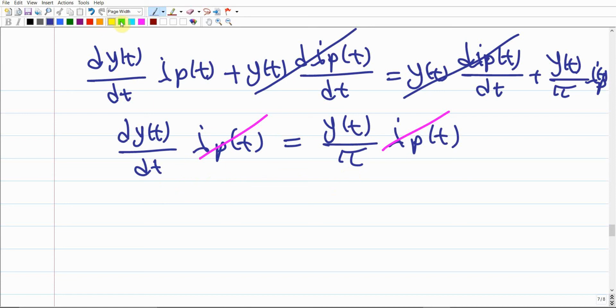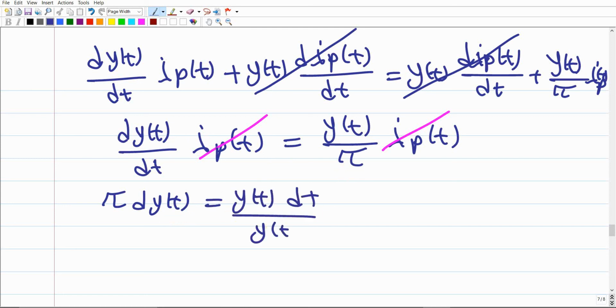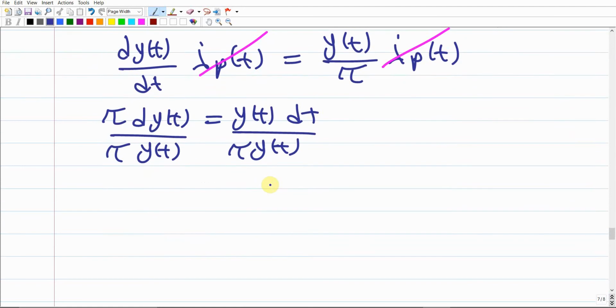Simply, if we do cross multiplication, multiplying by tau here and bringing the y of t to the denominator, this gives us tau times dy of t equals y of t dt. Then divide both sides by y of t, and even by tau. So the y of t will be cancelled, and on the right-hand side we end up with dt over tau.